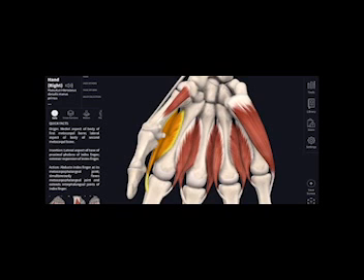This muscle originates from the medial aspect of the first metacarpal, and it pulls the first metacarpal towards the second, which is basically the movement of adduction. So this muscle and the adductor will complete the adduction movement.